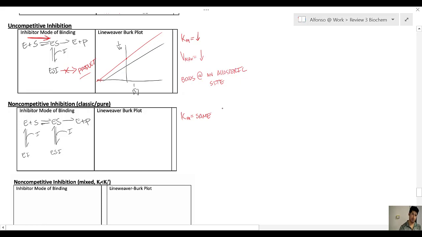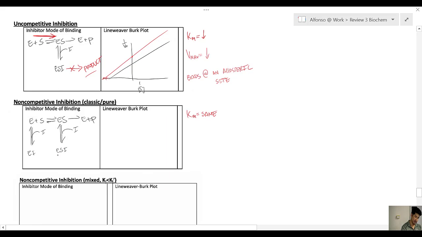Km stays the same. So what can you tell me about the Vmax? If we're forming the enzyme substrate inhibitor complex, are we able to form any product? Yes or no? No. Because we're forming the ESI complex, we cannot form any product.